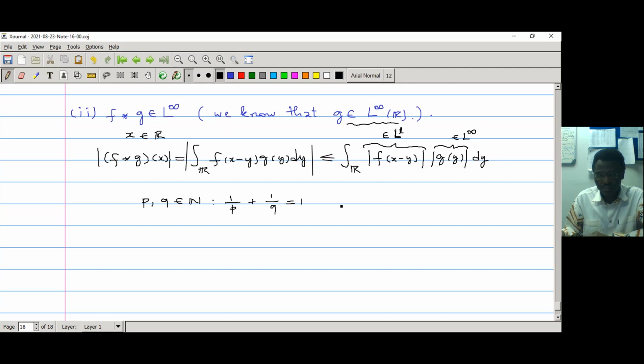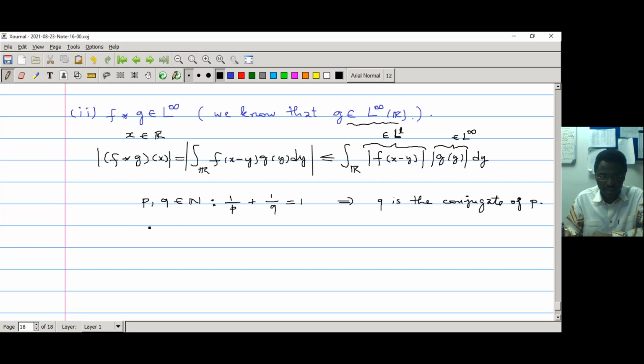Therefore, if you have this, we say that Q is the conjugate of P and vice versa.